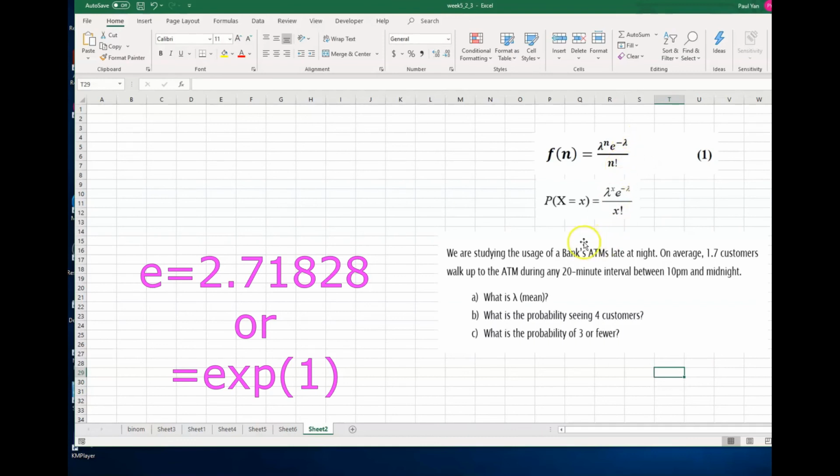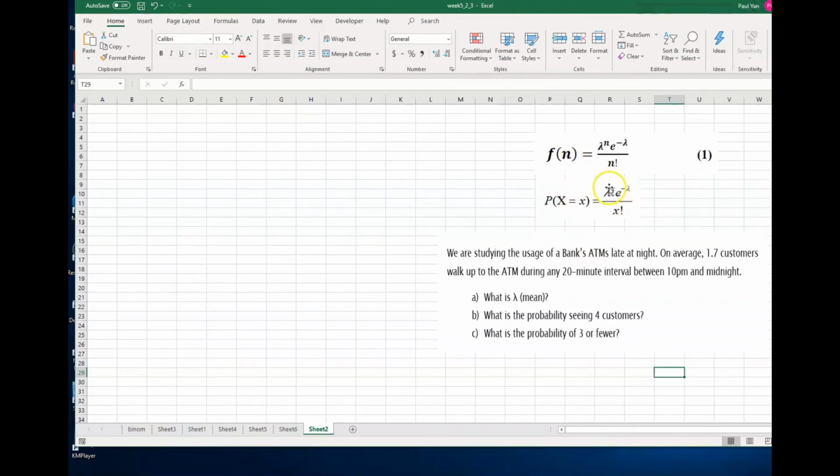And here we use x instead of n. So if we look at this formula, we know there are two input variables. One is lambda, the mean, and n is our input variable.